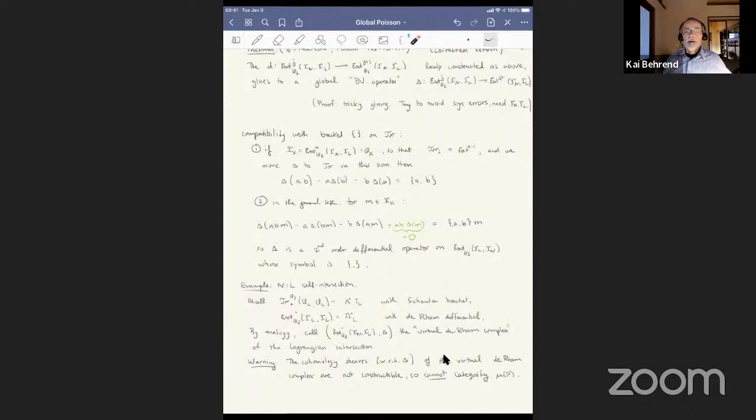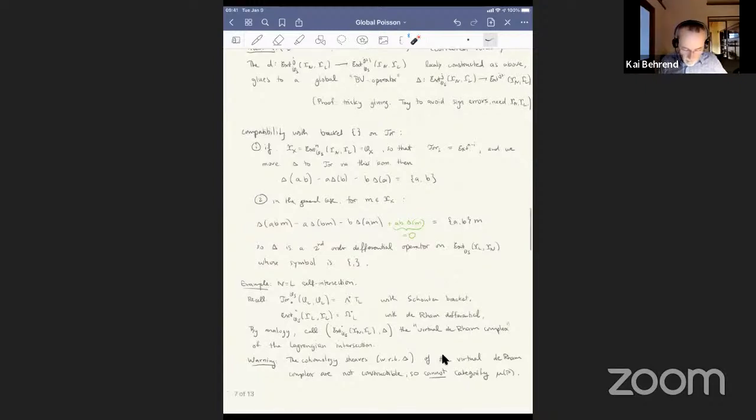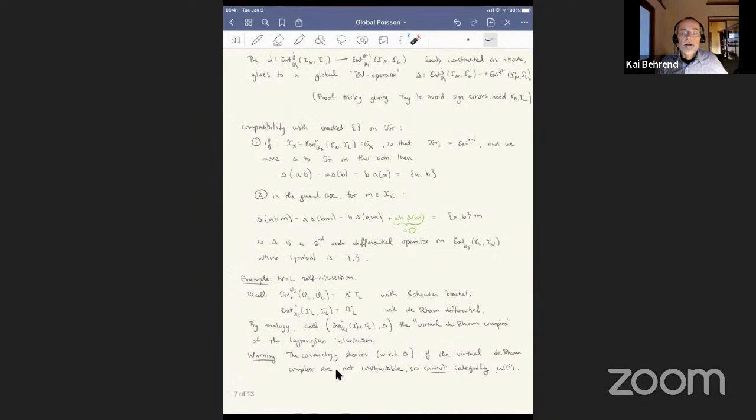And this you might think of doing, but it turns out that that is maybe not the greatest thing to do, because the cohomology sheaves with respect to delta of this virtual de-Rham complex are not necessarily constructible. So there are counterexamples, I learned this from Duco van Straten, that there are actually counterexamples to this.